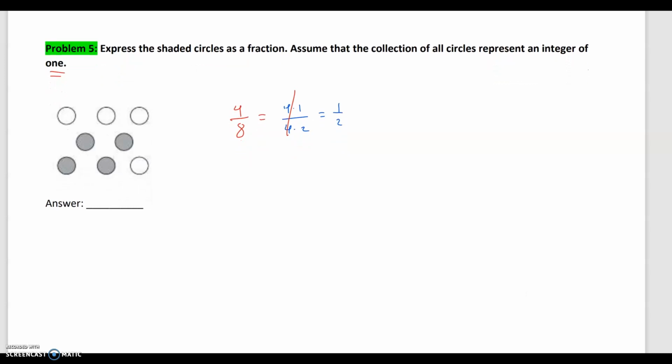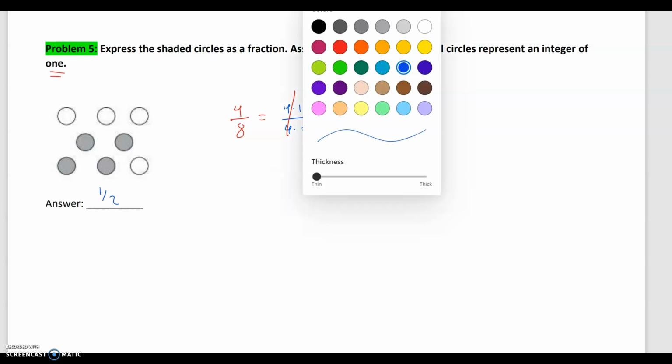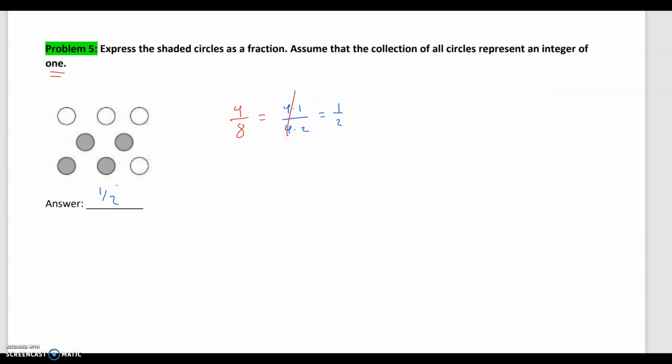Or another way you can view it is, out of the 8 circles, which represent 1 integer, half of them are actually shaded. So the proper answer here would be 1/2. If you're working on a software problem, and if you were to put 4/8, it may mark it incorrect and say that your answer is not in lowest terms. We'll be simplifying fractions later in this module, but that's actually it for these problems.